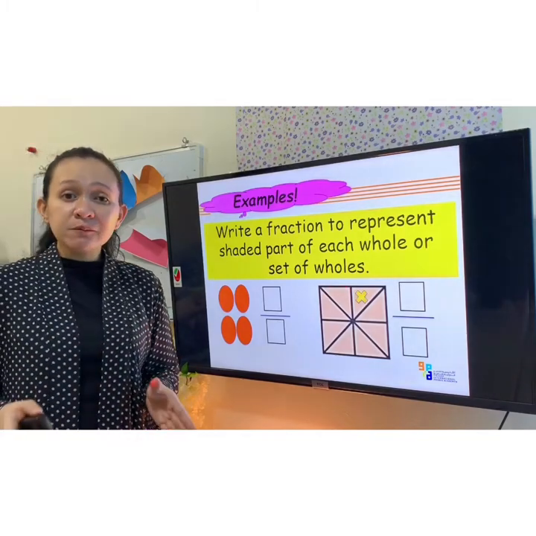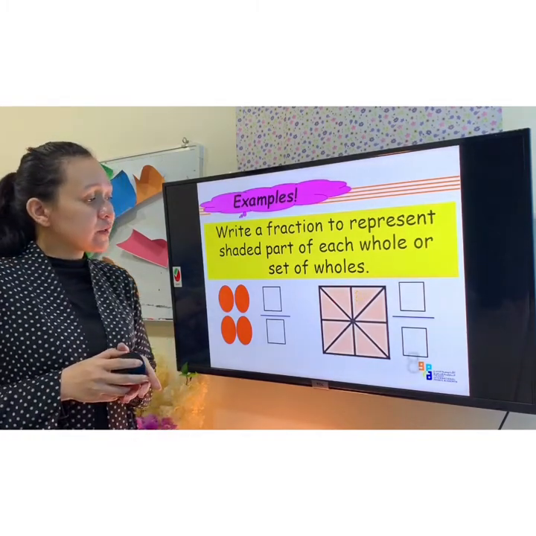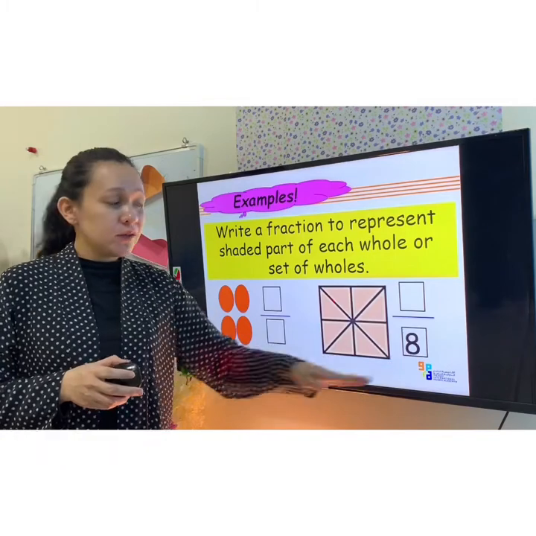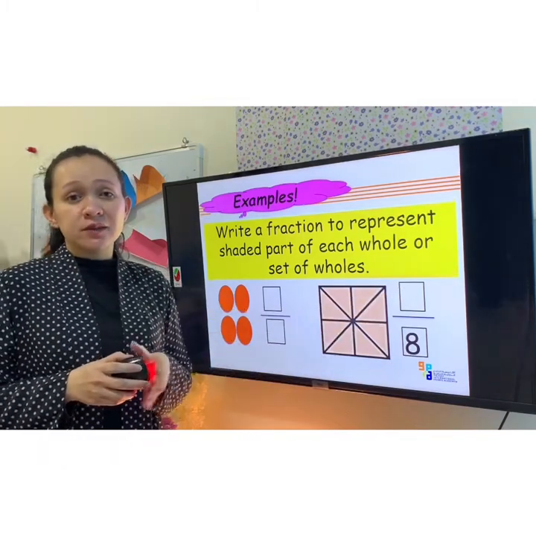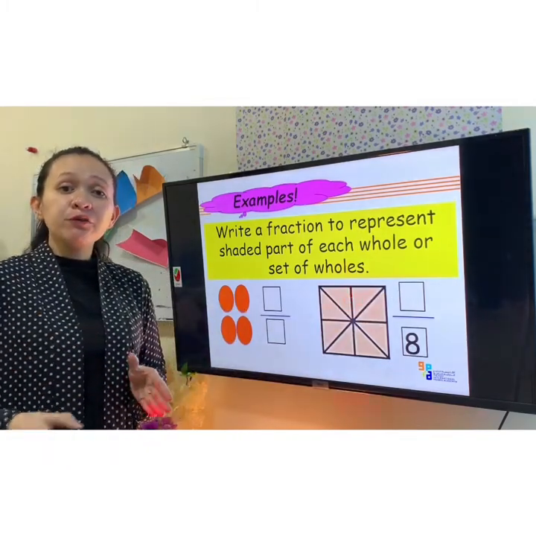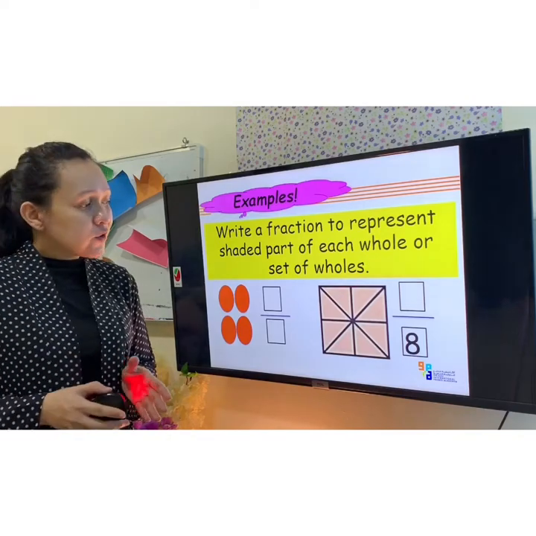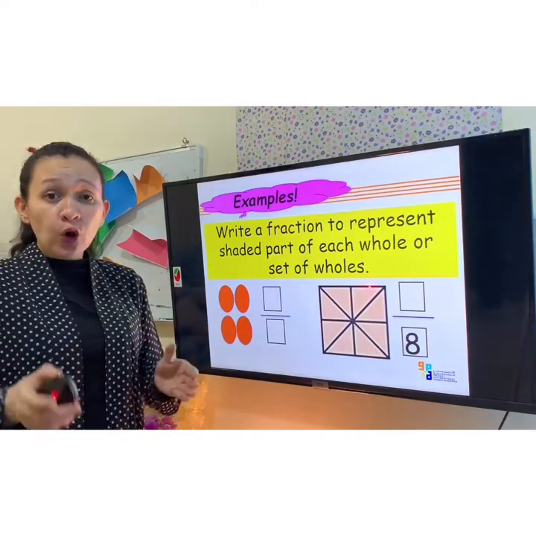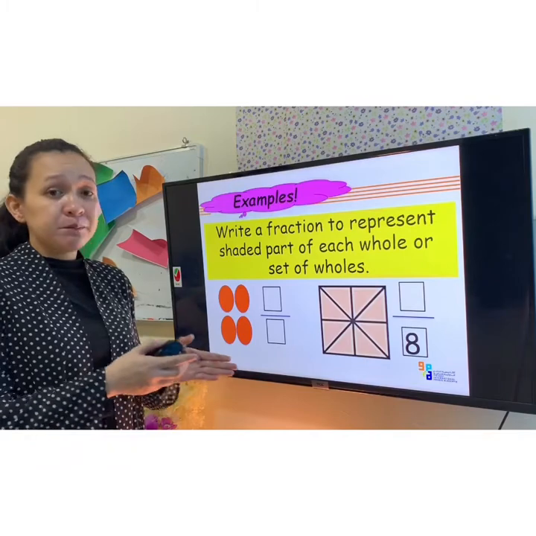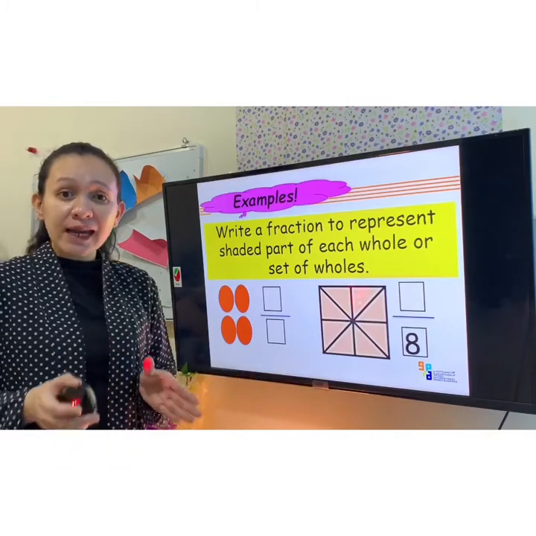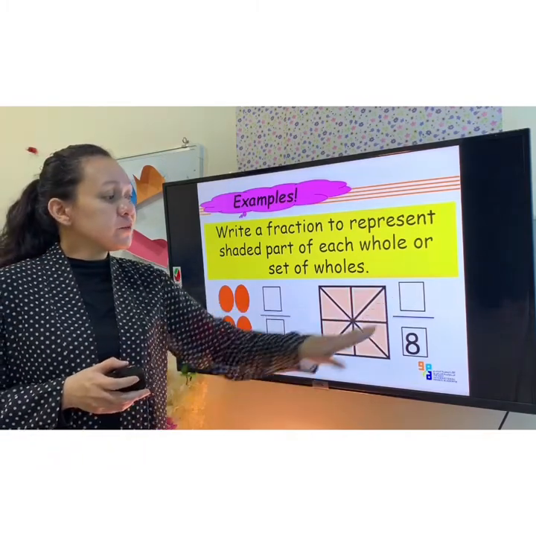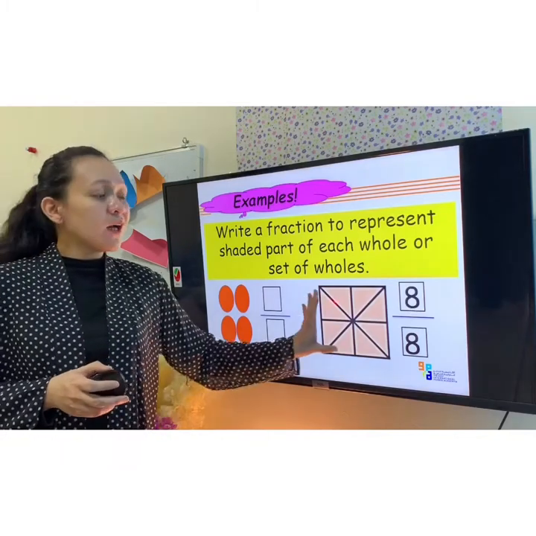So there are 8 parts, so we put 8 in our denominator. How about our numerator? Remember, the number of parts shaded in. If you have noticed, we shaded all the parts, and there are 8 parts in this figure, right? So we put 8 here. We are done with this figure.